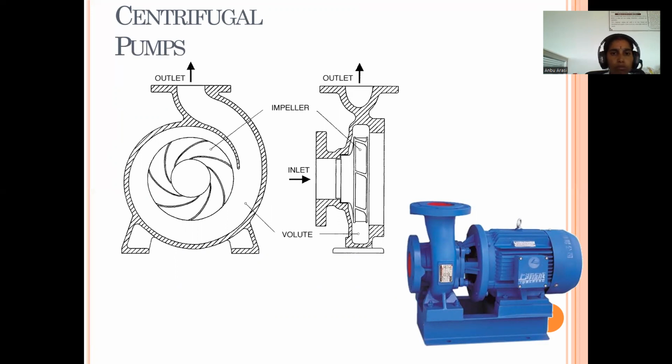This is the impeller, this is the cover, this is called the casing or volute, and the suction pipe and delivery pipe, outlet pipe and inlet pipe. These are all the important parts in the centrifugal pump. Impeller.